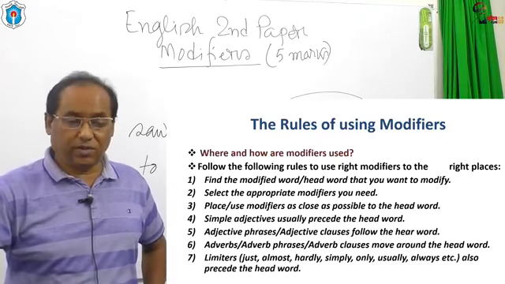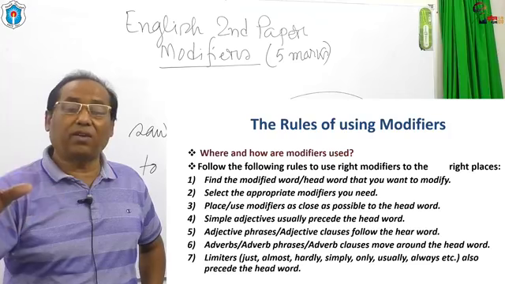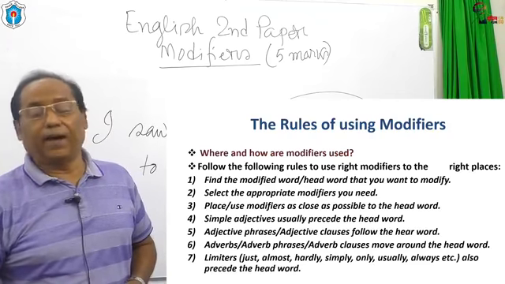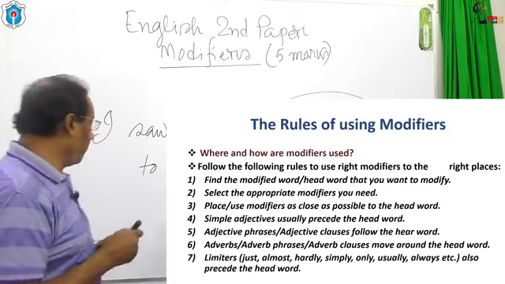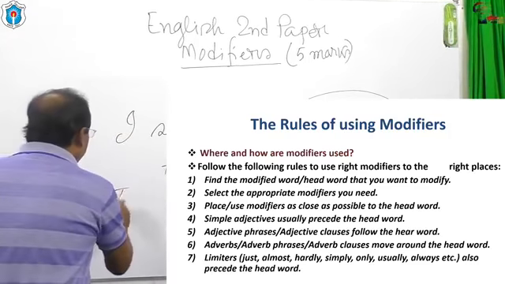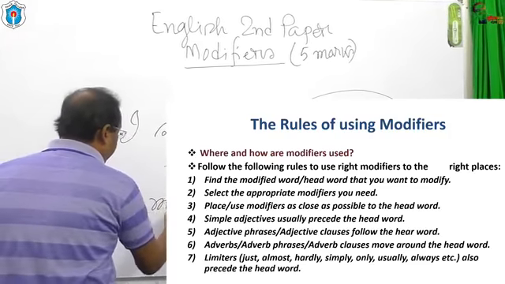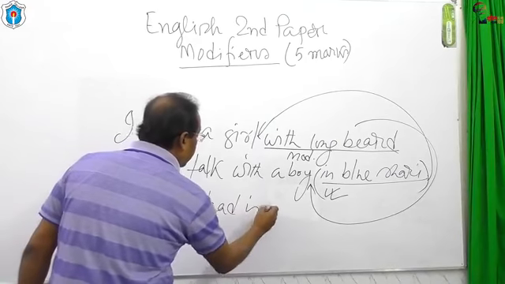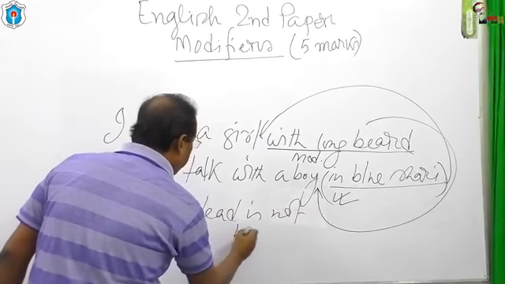There are some exceptions. A single adjective can also come after a head word. For example, the man dead is not known to me.